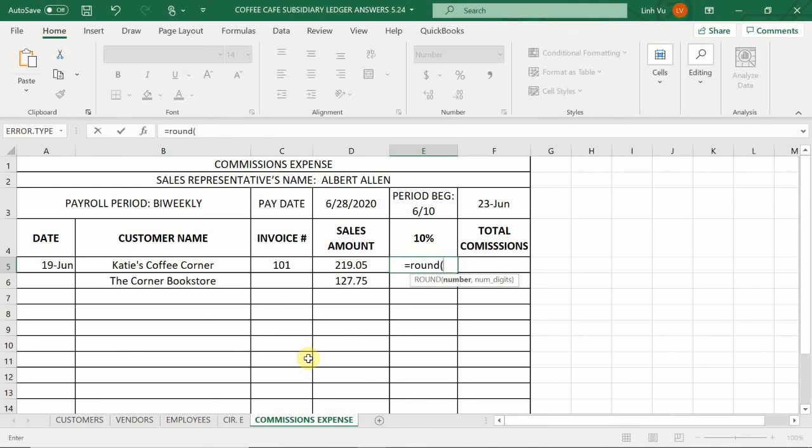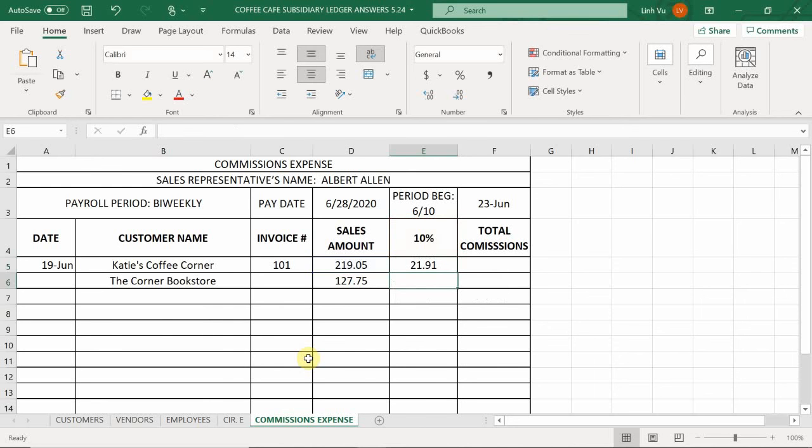We're going to take 10% of this number, comma 2. So that means he's earned $21.91. Yes, $21.91.